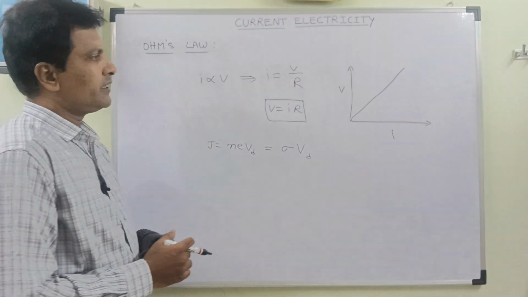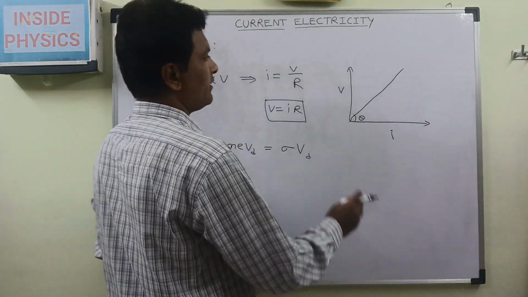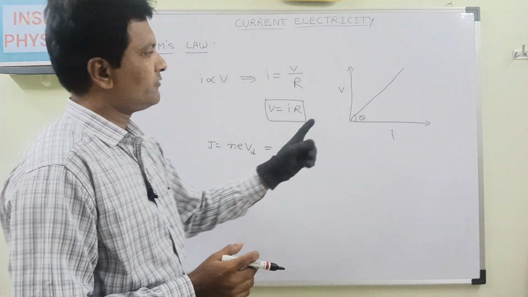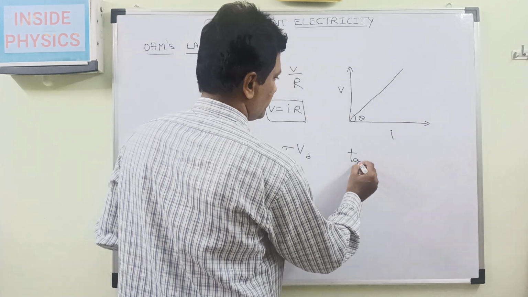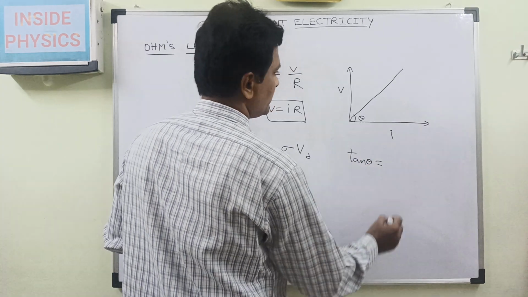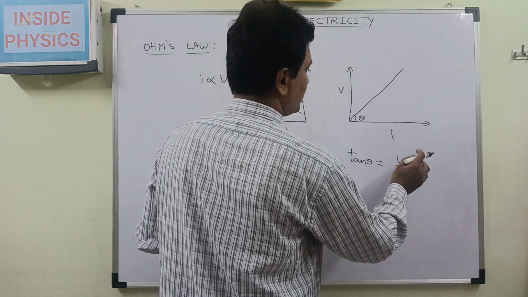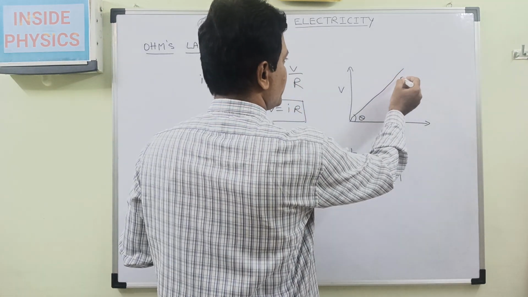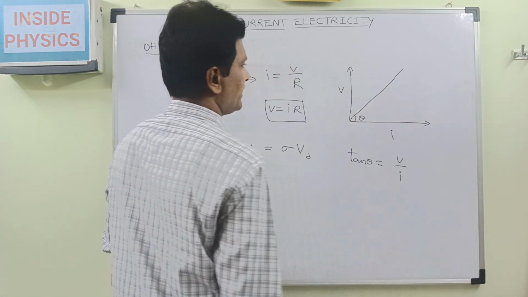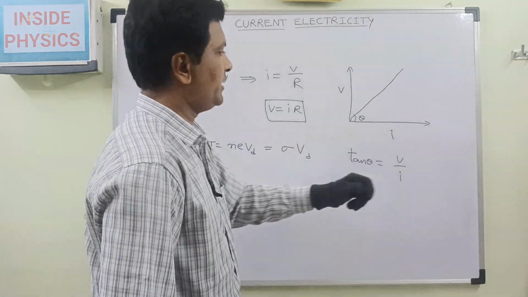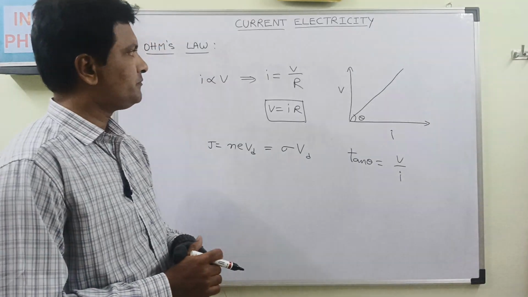Okay, if theta is the angle made by the graph with the electric current axis, then tan theta, the slope of the graph, can be written as V by I. Okay, the slope gives opposite side by adjacent side. That means potential difference by electric current. So this gives the slope.